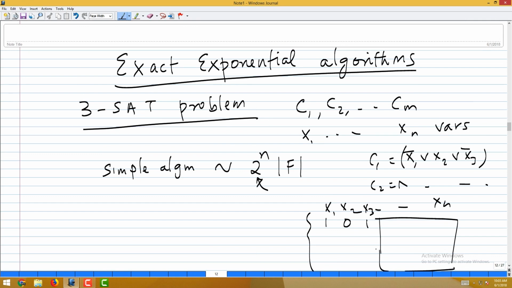So, 2 power n minus 3 assignments you are not checking. Okay. So, that is your saving. This is 1 by 8 times 2 power n, right. So, this is like 7 by 8 times 2 power n assignments you are checking.